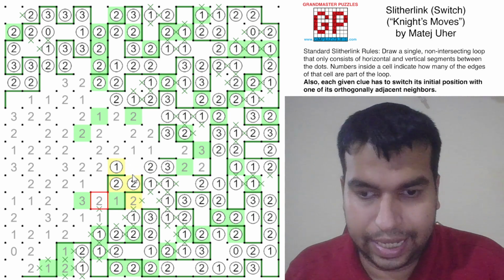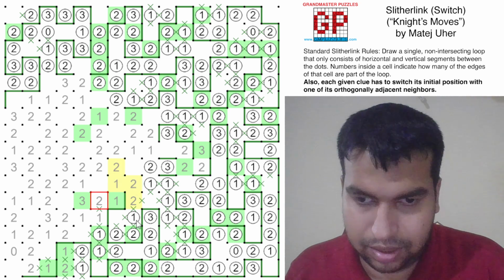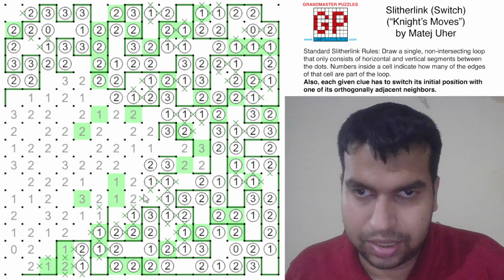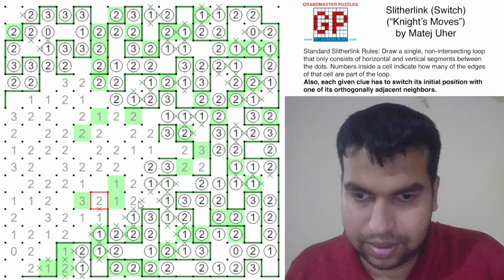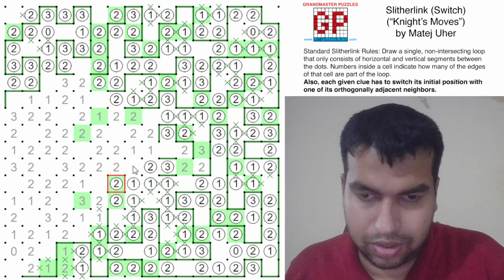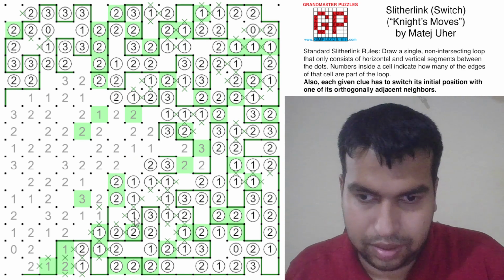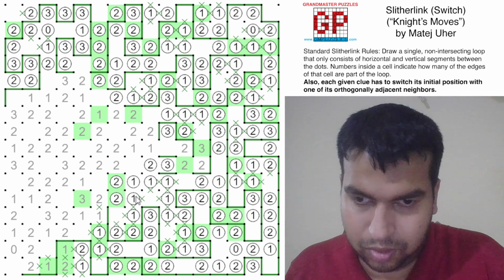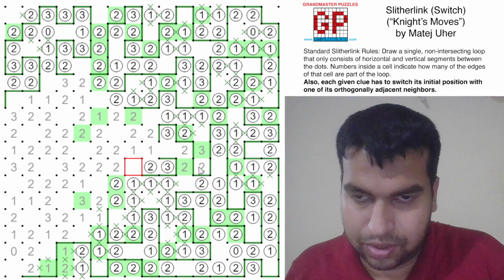So again, a little bit of a look ahead, but in that area, the two twos cannot pair up with each other. So that means this 2 has to pair up with this 1, and this 2 also has to pair up with this 1. That gives us a little more progress because these 2 are crosses now. We can resolve this area.